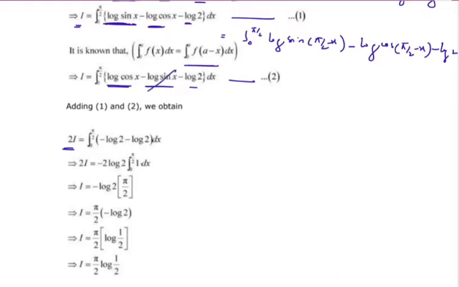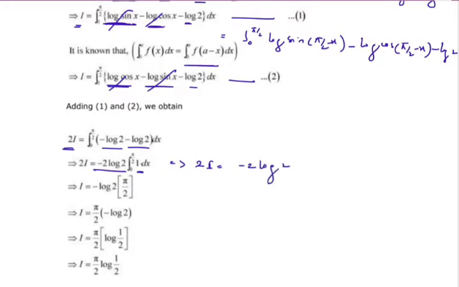These terms get cancelled after adding. So remaining is minus 2 log 2. So 2I is equal to minus 2 log 2, taking this constant term outside, 1 into dx. So 1 can be written as x, which implies 2I is equal to minus 2 log 2 as it is.